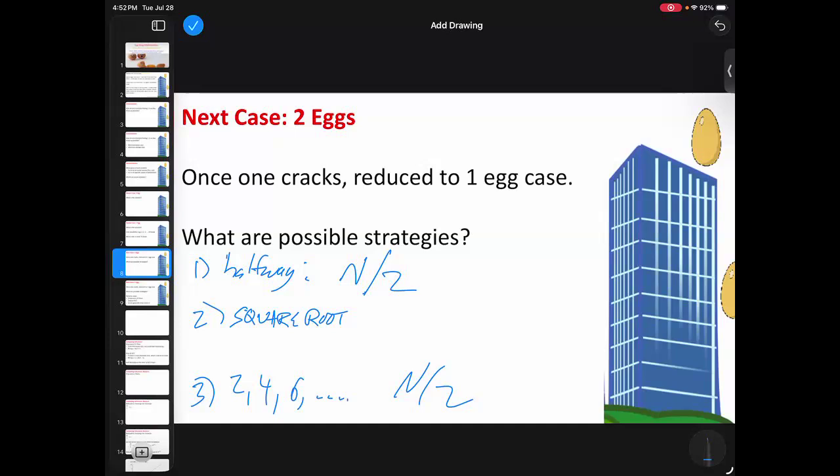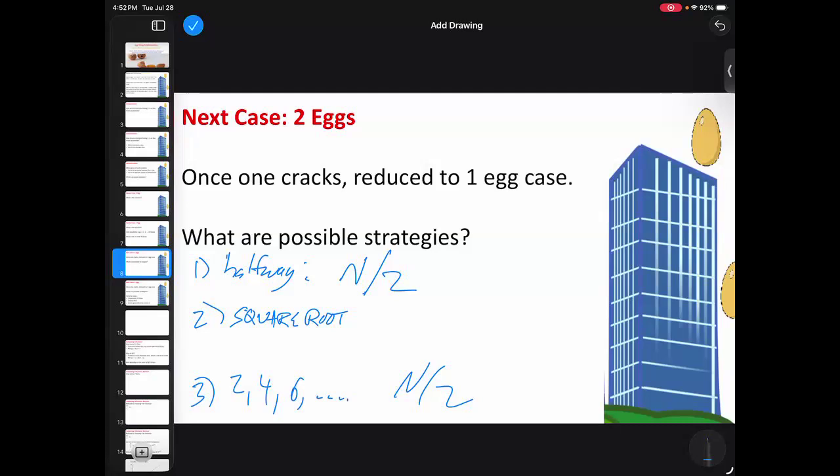What I really want to emphasize right now is, even though we're going to dispose of these, the halfway strategy and the every-second strategy are two attempts that have different things for them and against them. What's nice about the halfway is you can eliminate a lot of points, but once the egg cracks, you have a lot of things potentially to check.